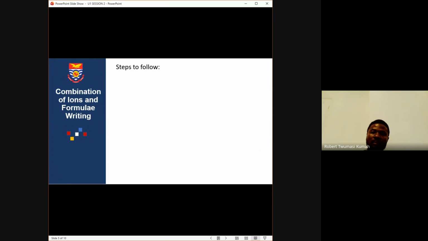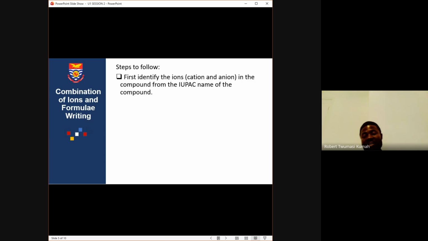So in writing a formula, we are combining elements, or we are combining atoms. And how do we do that? Now, your ability to write a correct formula is very important in chemistry. And we've got some steps here that can help us to write the chemical formula of compounds.